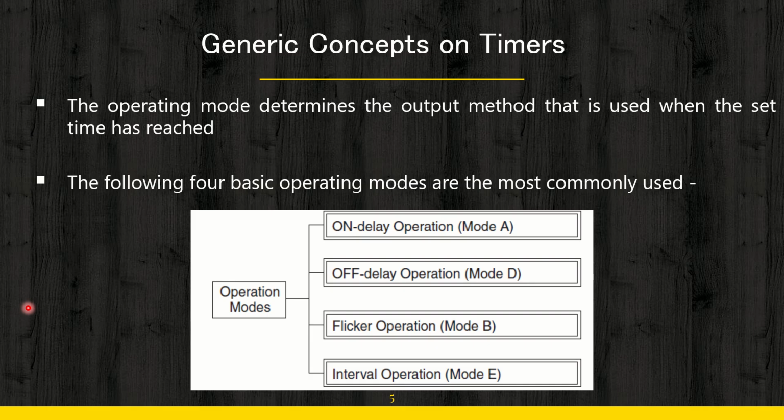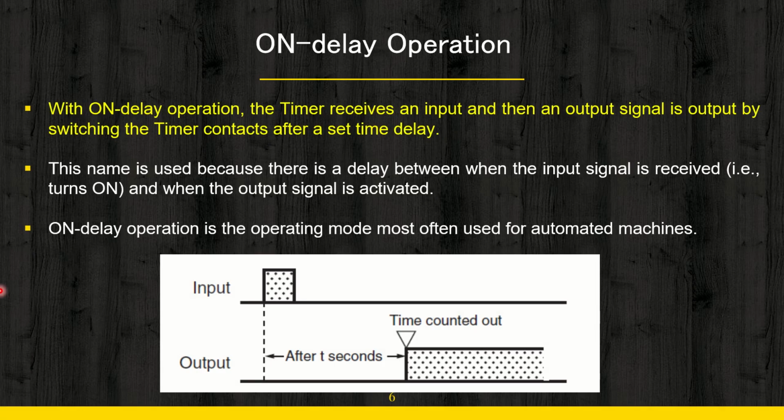One is the on delay operation, the second is the off delay operation, the third is the flicker operation, and the fourth is the interval operation. These are the basic 4 modes that the modular industrial timers have to offer to the end user. Now let us see each and every operation.